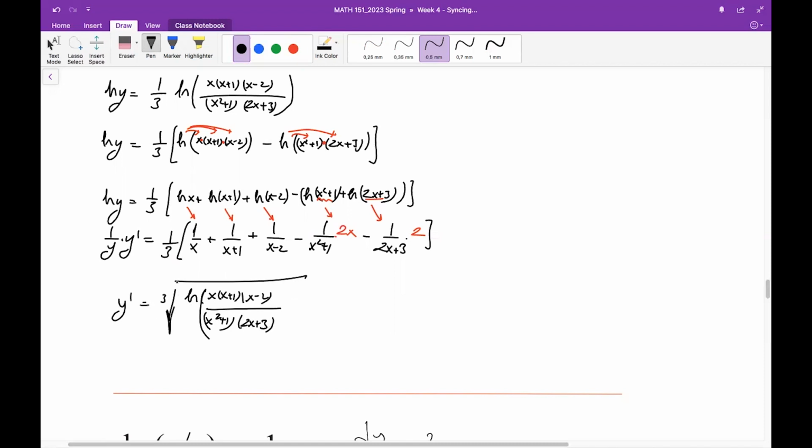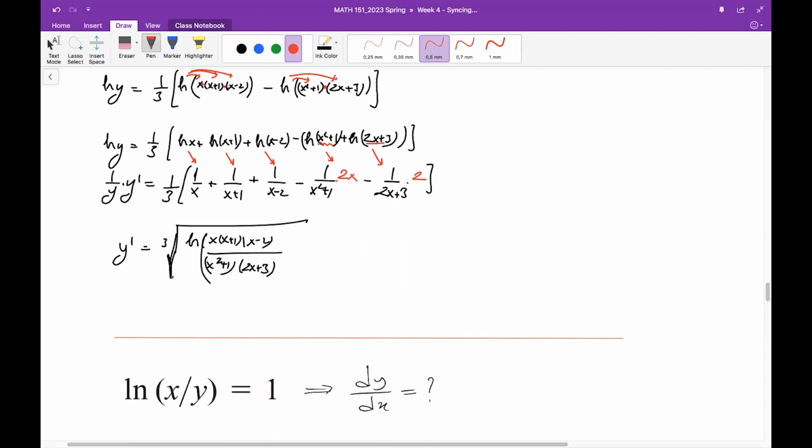This whole big thing is just y, which comes from the left-hand side to the right-hand side as a product. And then I will write this, of course. And that's it. This is the first derivative of the given complicated expression.